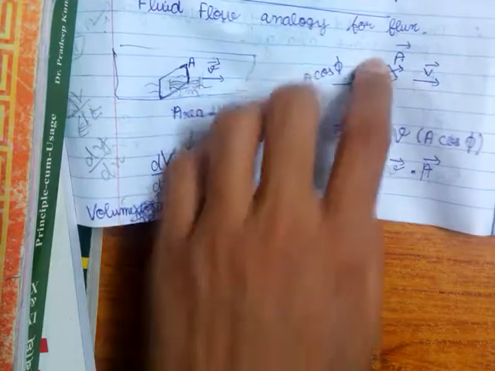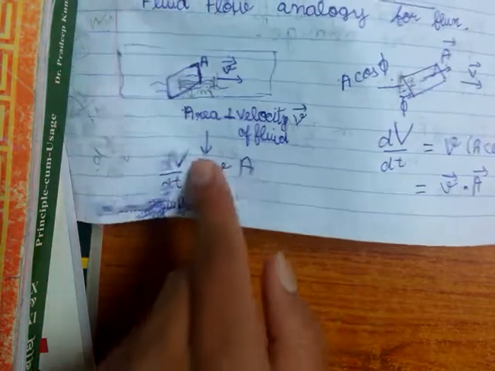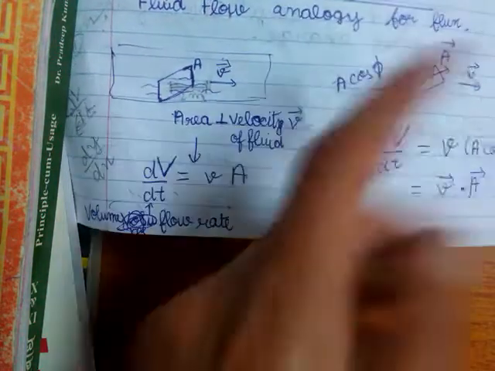When the area is not perpendicular to the velocity, the volume flow rate will no longer be V A, since the fluid is not flowing in that direction. It's not flowing in the direction of the area, but in this direction.